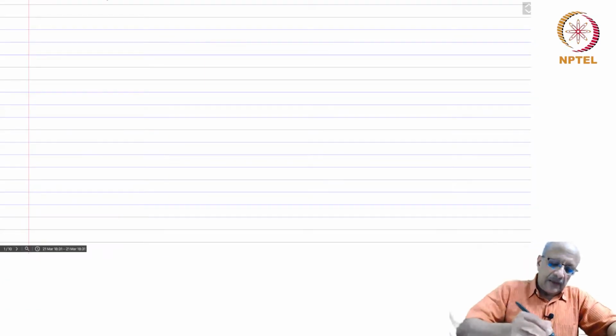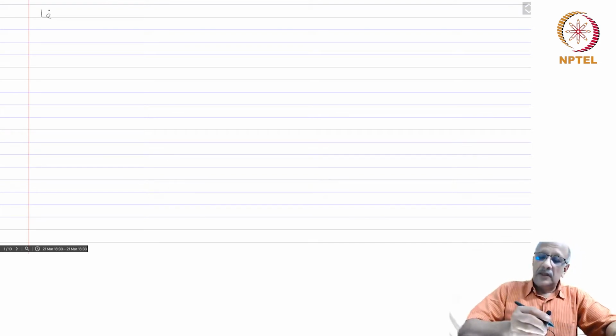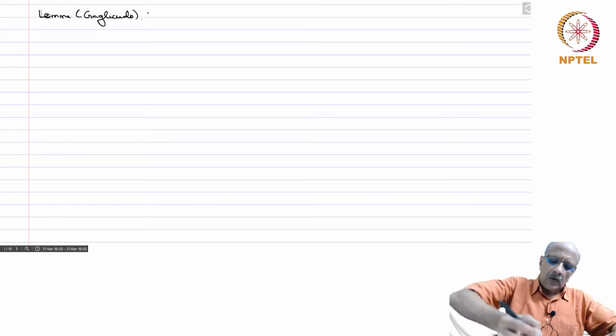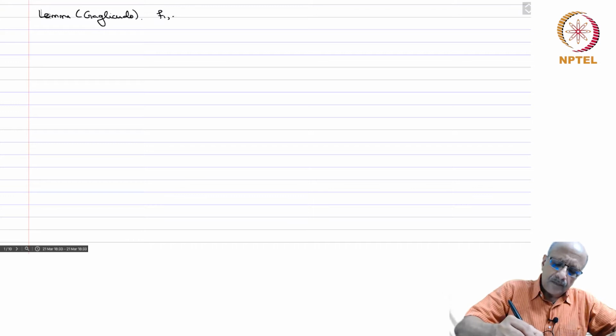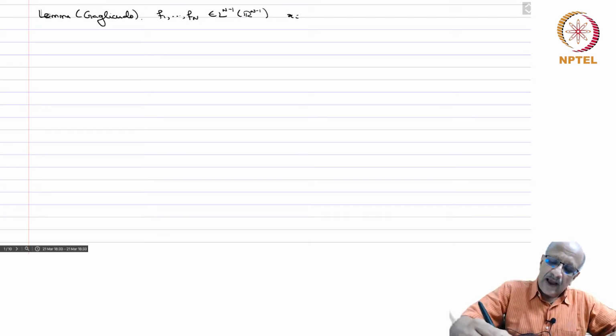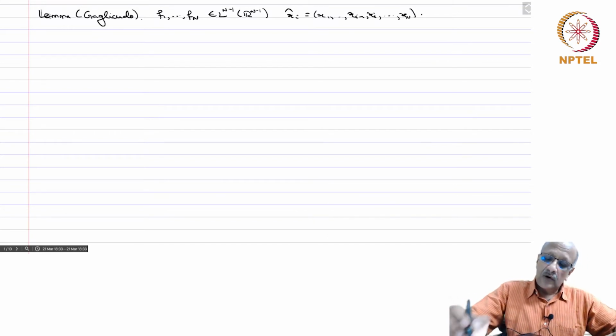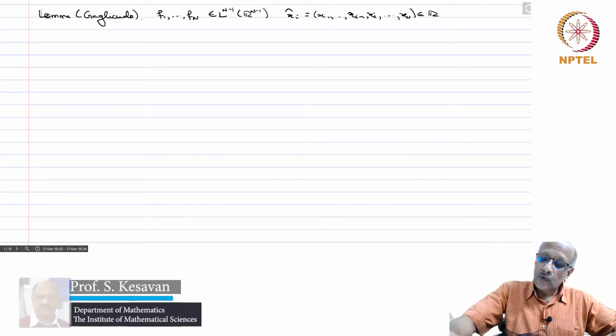We are discussing embedding theorems, and yesterday let me recall the lemma of Gagliardo. So we have that f1, ..., fn belong to L^{n-1}(R^{n-1}), and x̂_i is (x1, ..., x_{i-1}, x_{i+1}, ..., xn). You drop the ith coordinate, so this belongs to R^{n-1}.